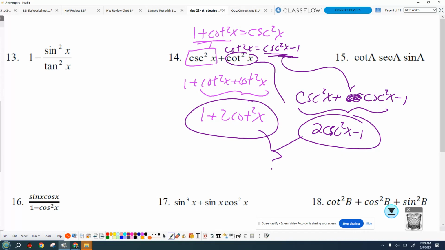I end up with two lumps of stuff. Which one do you want? That's the problem with some trig identities: where you might like cotangent, someone else might like cosecant.